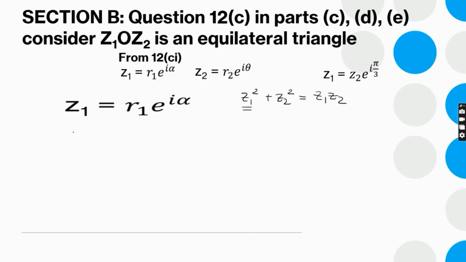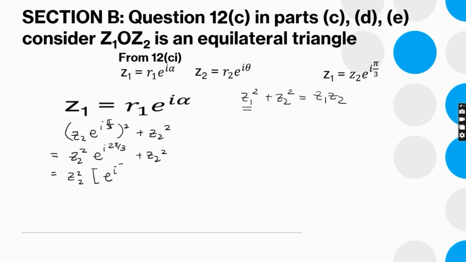So that gives me Z2 e^(i pi/3) squared plus Z2 squared. So that gives me Z2 squared e^(i 2pi/3) plus Z2 squared. Since Z2 squared is common, I'm going to take that out, plus 1.